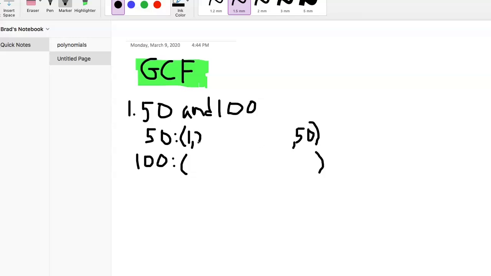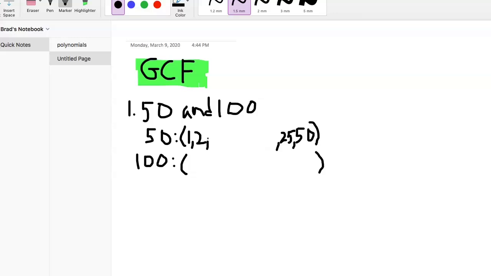And then you just go to the next number, which is 2. 2 times 25. Barely left myself any room. 2 times 25, okay. And then what else do we got? 3. We know 3 times 33 is 99, so 3 doesn't work.